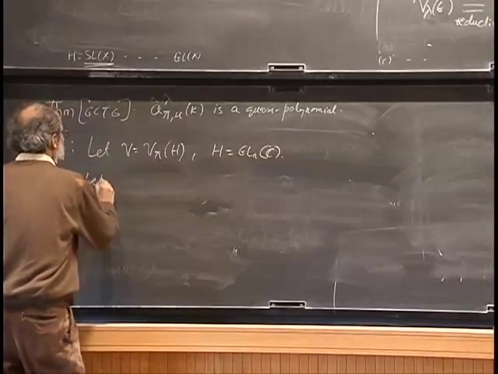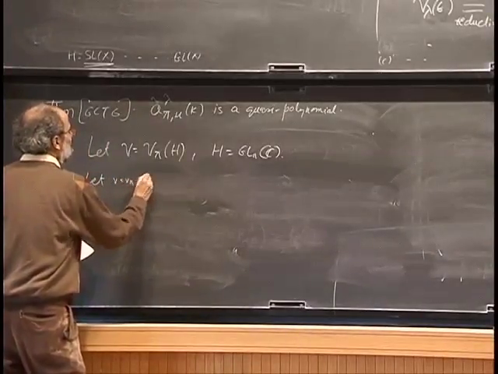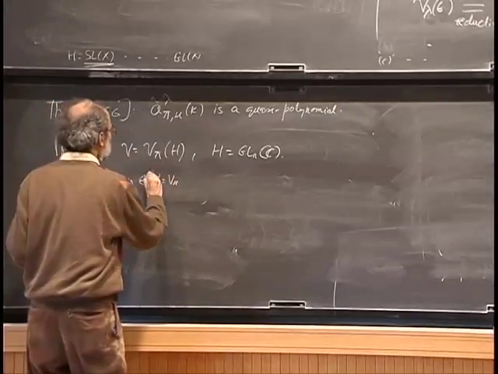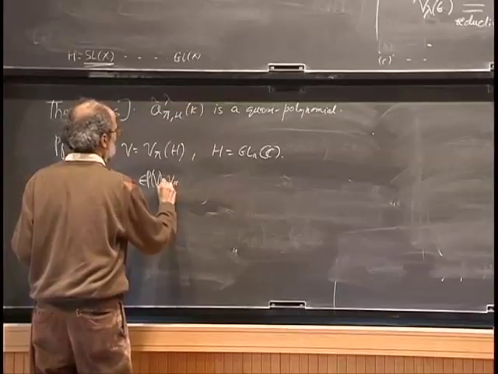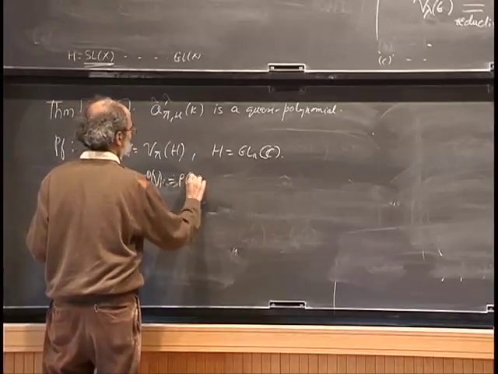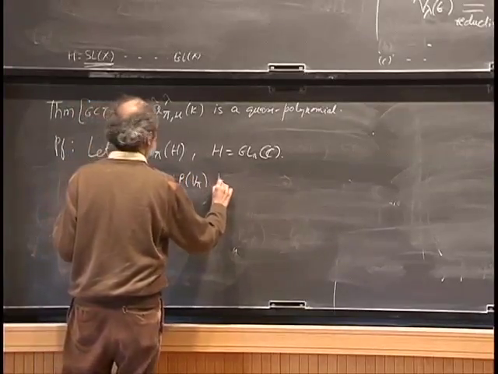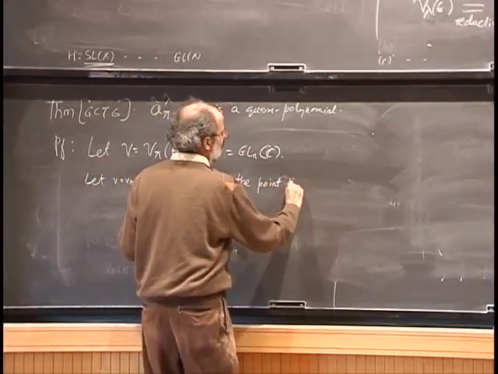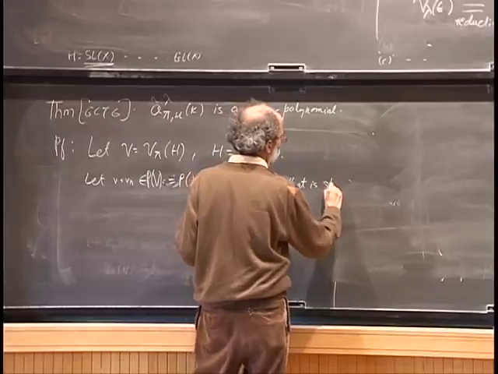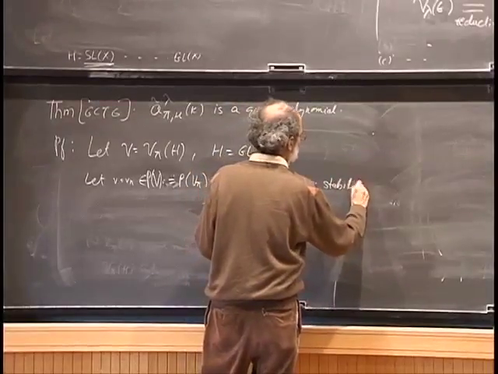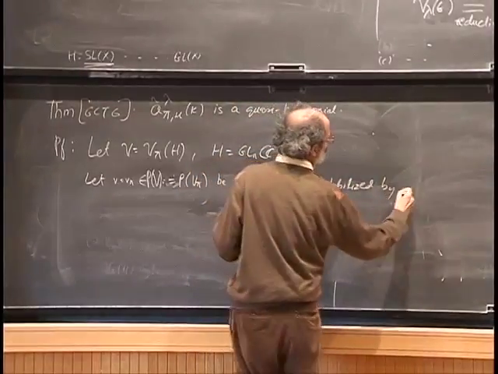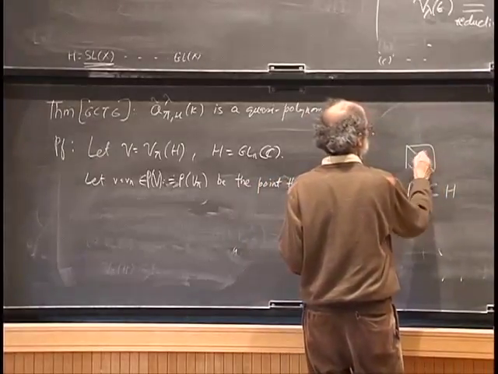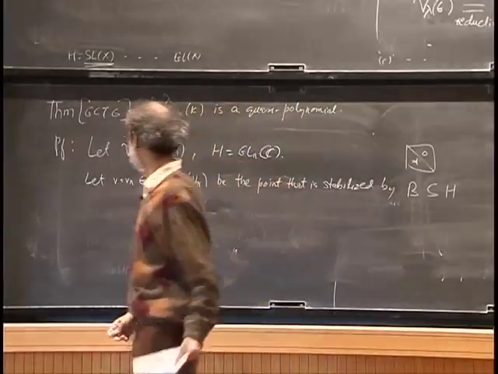So now let little pi belonging to V be the point in the projective space associated with this, that is stabilized by the Borel subgroup of H, which consists of all the lower triangular things. Okay, and so this is the highest weight vector.